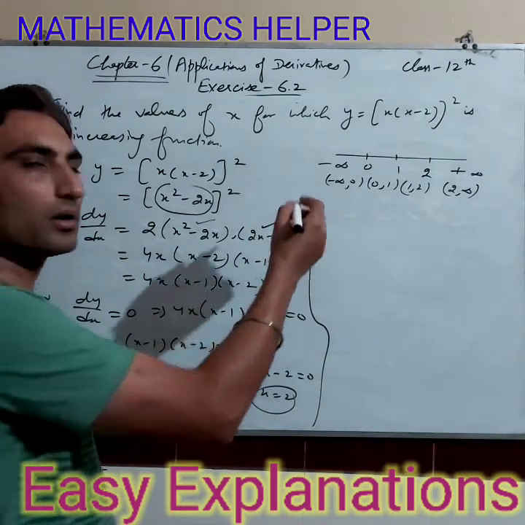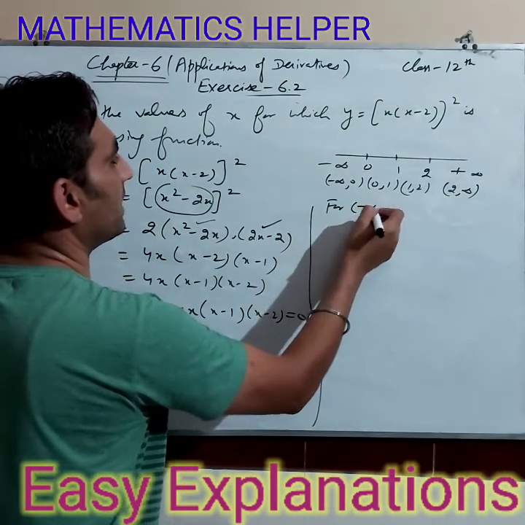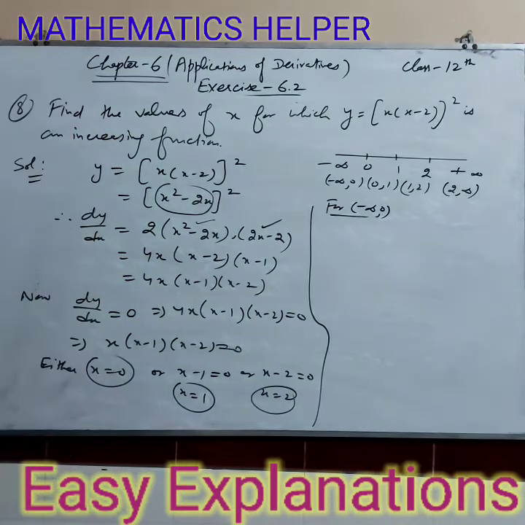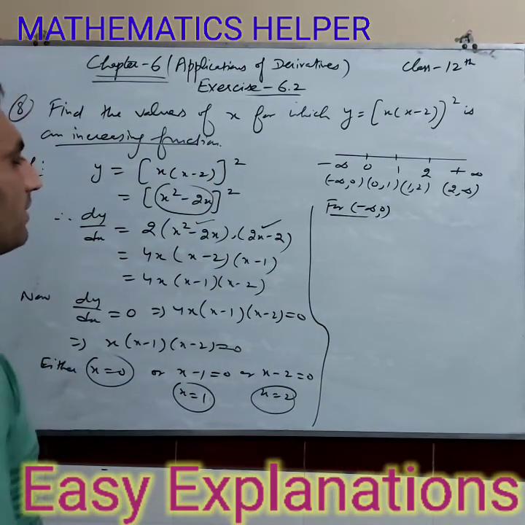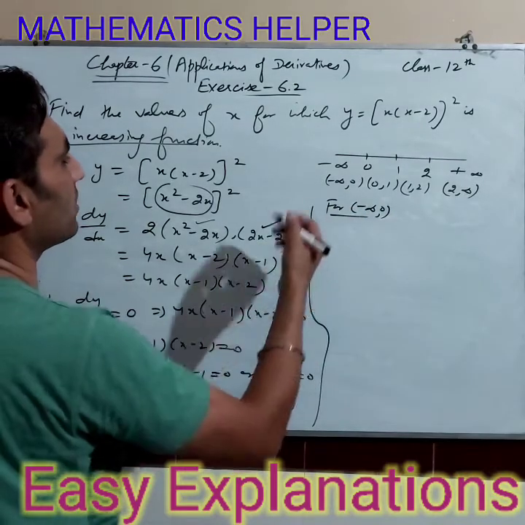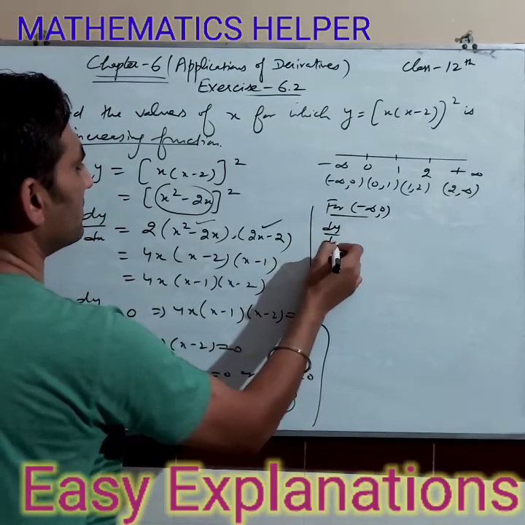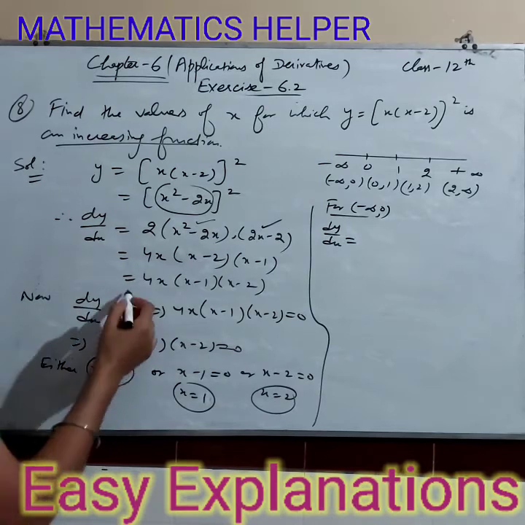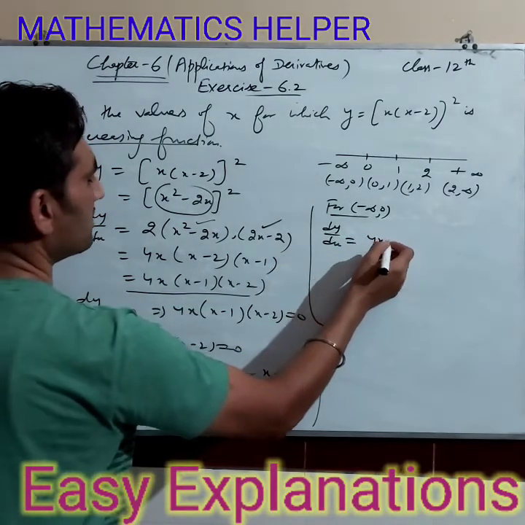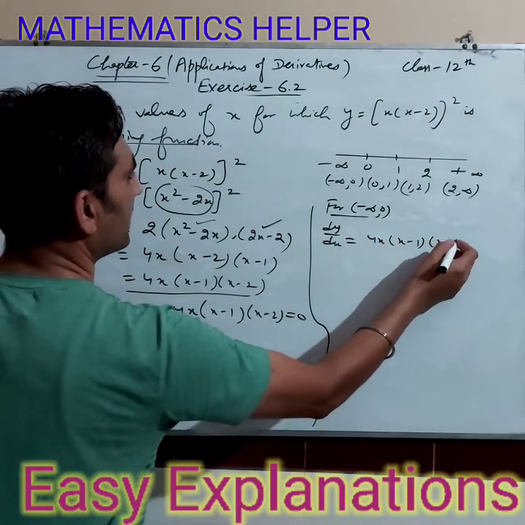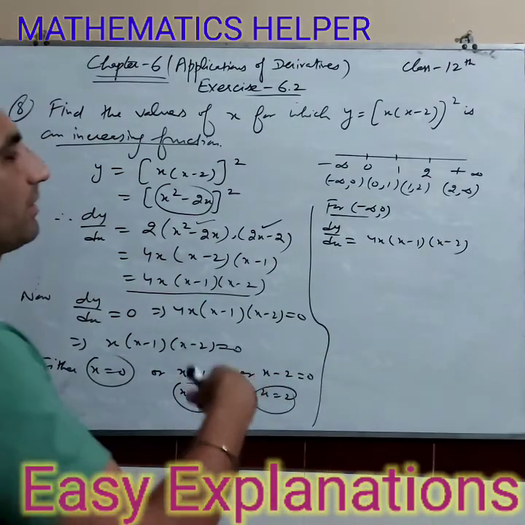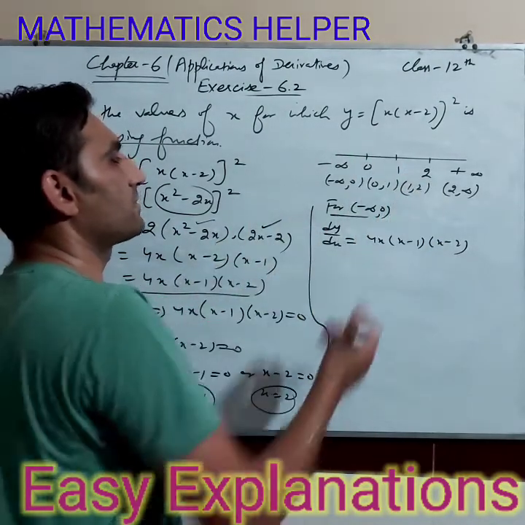So I am writing for first interval minus infinity to 0. We have to check only increasing, so we will find out greater than 0 answer for derivative. For minus infinity to 0, what is dy over dx? It is 4x, x minus 1, x minus 2. Let us consider a negative number between minus infinity and 0, suppose minus 1.